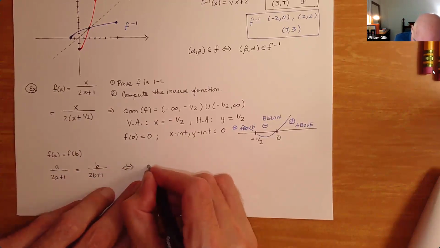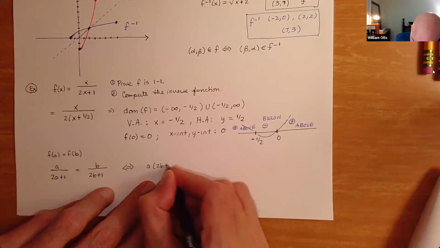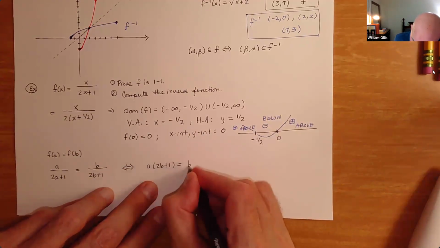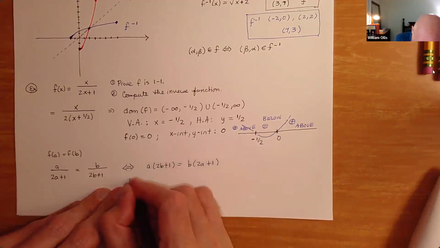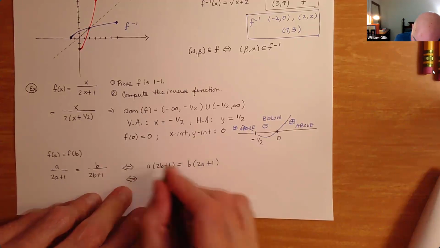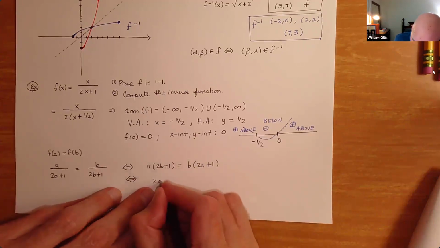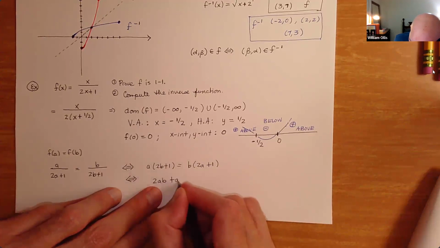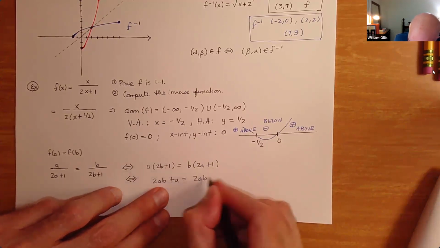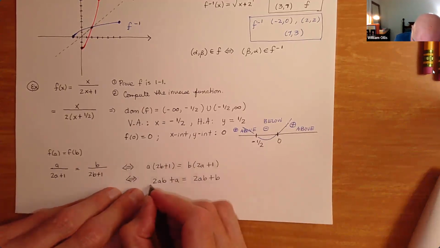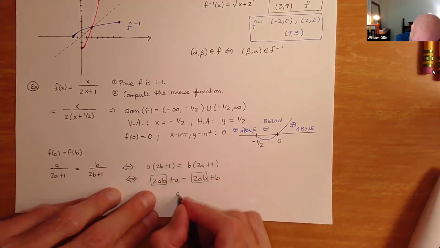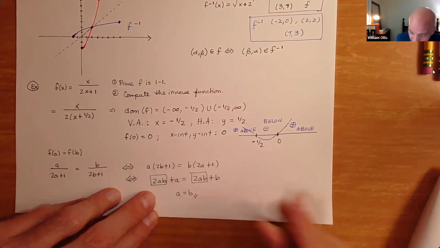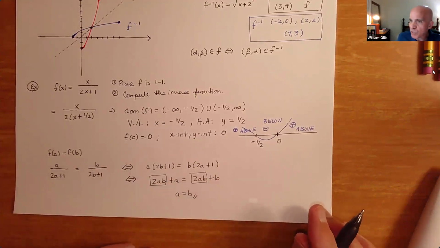So we have A times 2B plus 1 equals B times 2A plus 1. So now let's go ahead and multiply. So we have 2AB plus A equals 2AB plus B. Now, of course, the two ABs absorb, so those are gone. And then we're just left with A equals B. So that was quick. The quadratic example took a lot more work, much more complicated.